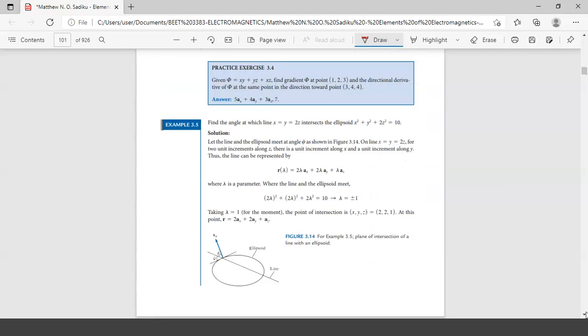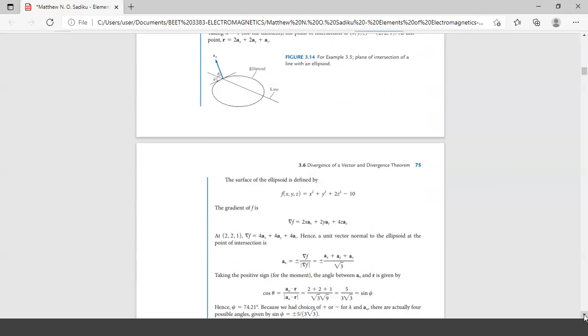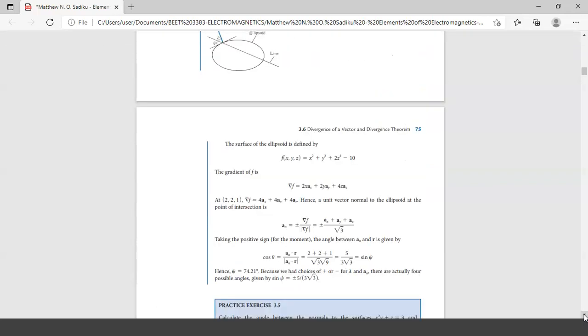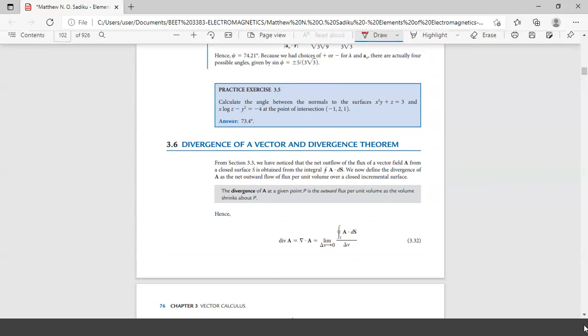The gradient is a differential of the scalar, and you can get the answer as a vector that has a direction, but the divergence is a differentiation of the vector. Let's see.